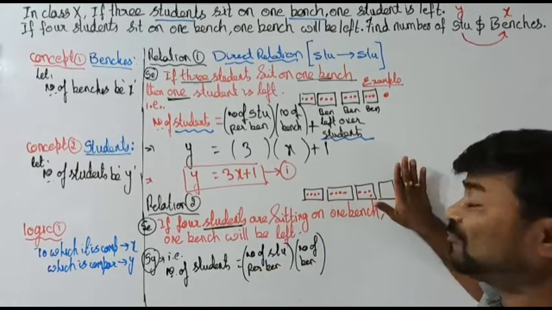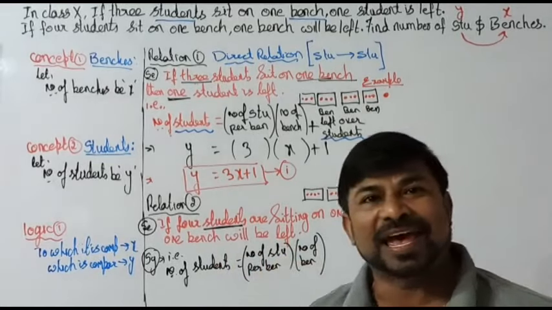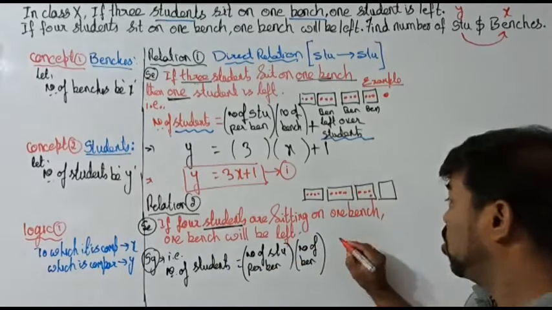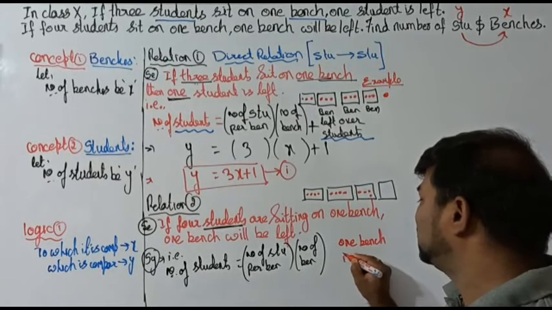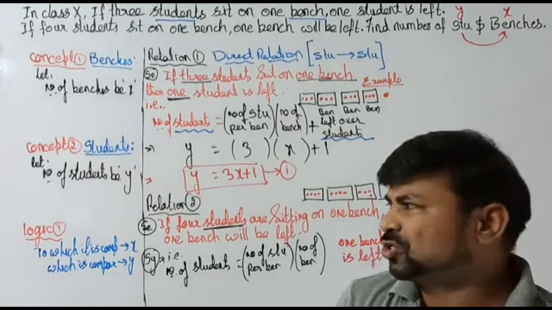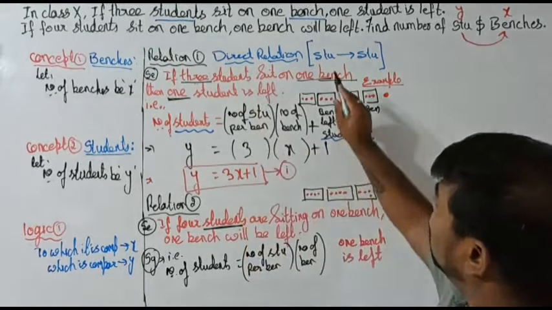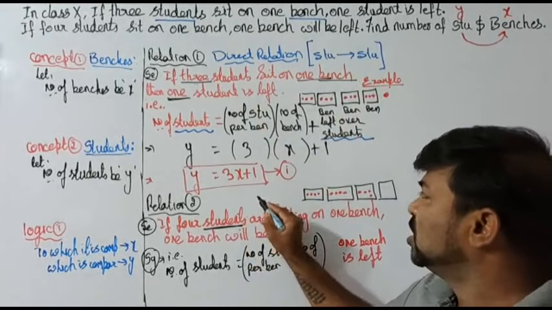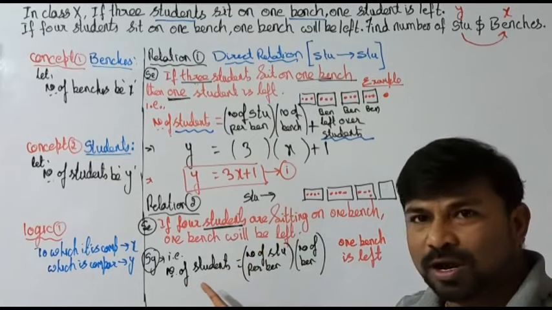Why? Because of the benches, of course. Please remember what he says: 1 bench is left. This is the relation. So 1 bench is left. So how to set the relation? Here, if you check, the number of students is there.